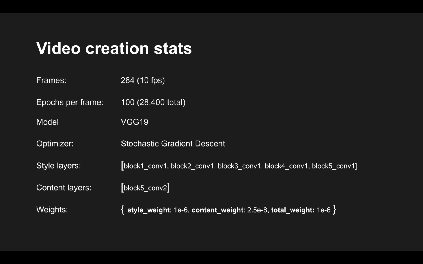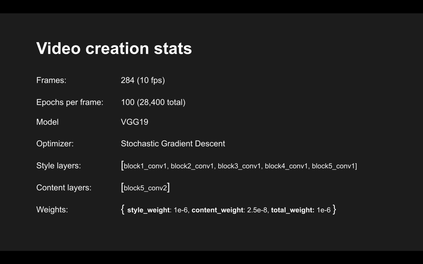When I was generating the video, I used about 100 iterations, like 100 epochs per frame. So in total, I needed almost 30,000 epochs to create this video. Again, the model was VGG19, the optimizer stochastic gradient descent.